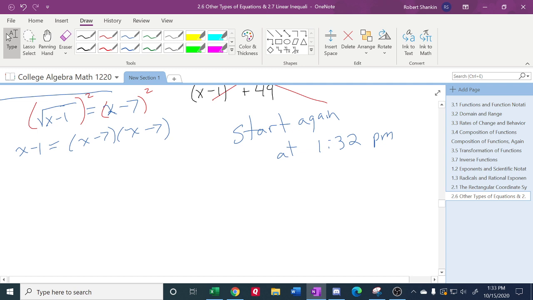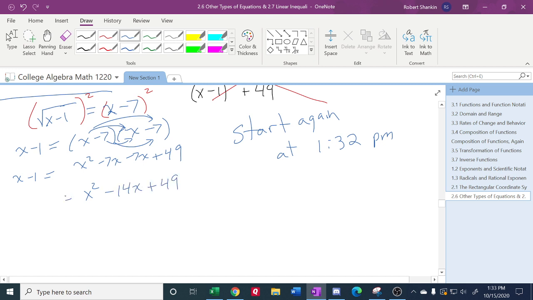So we're going to have to take x minus 1 on the left. On the right, we multiply this here and here: x squared minus 7x minus another 7x plus 49. So we're going to get x squared minus 14x plus 49 equals x minus 1.